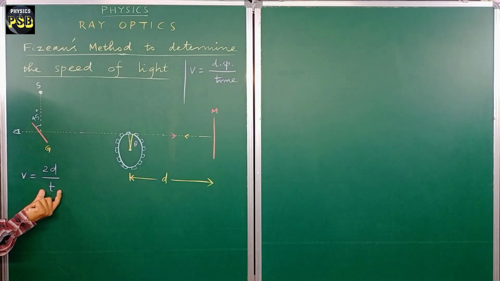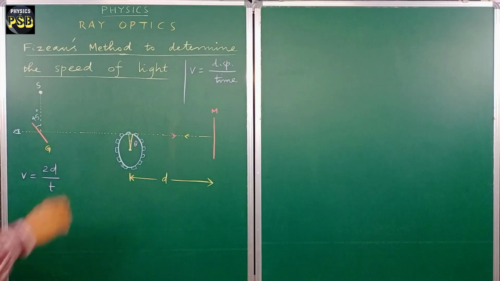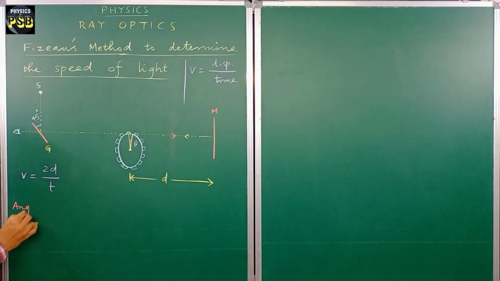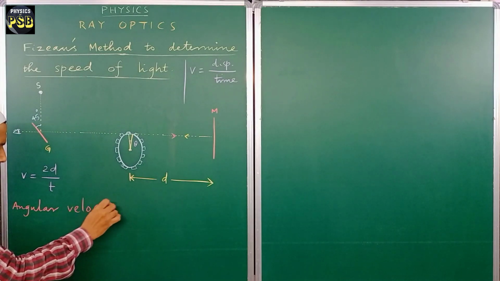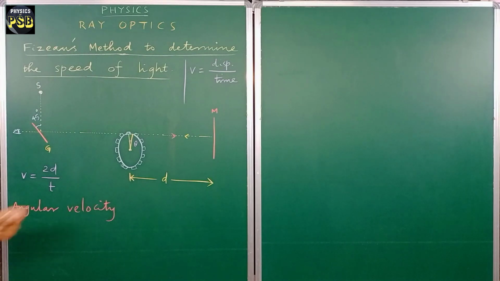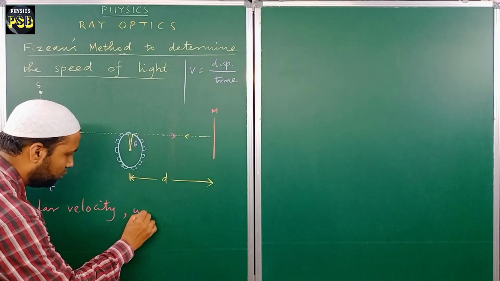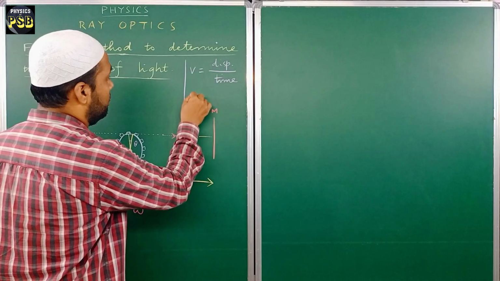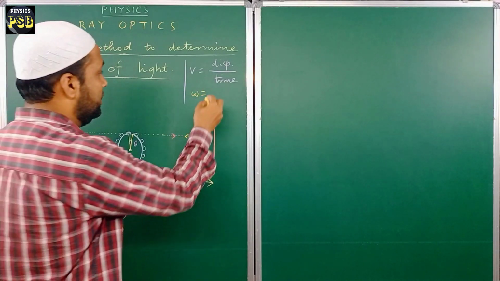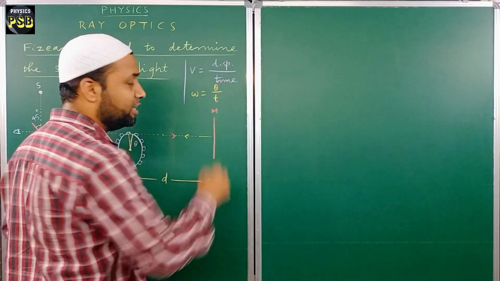Then let me find out the value of t. To get the value of t, we must know the angular velocity. By knowing the angular velocity, the value of t can be obtained. What is angular velocity? Angular velocity tells us to what extent an object is rotating. It is represented by omega, and angular velocity omega is taken as the rate of change of angular displacement.